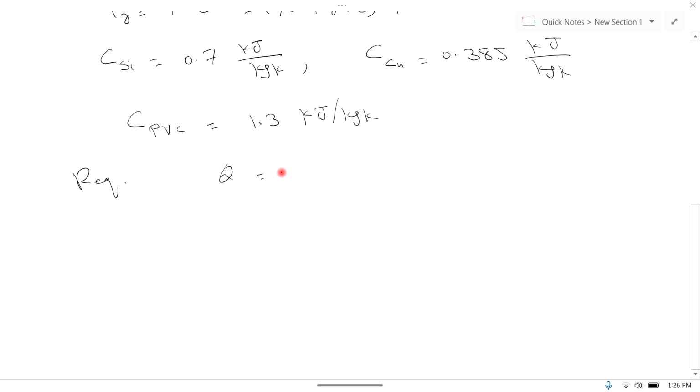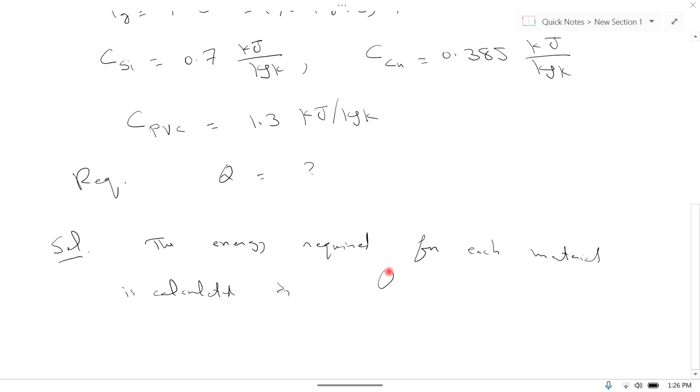So required is to find Q. So solution here is the heat or energy required for each material, three materials there, for each material is calculated by Q is equal to m c del T, or m c (T2 minus T1).